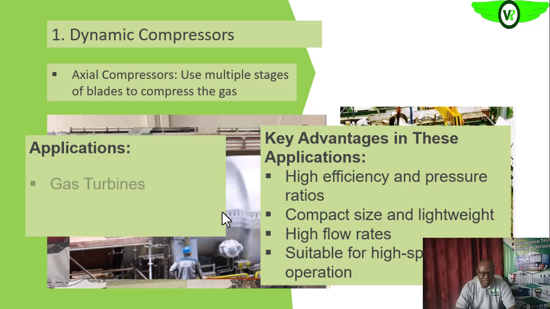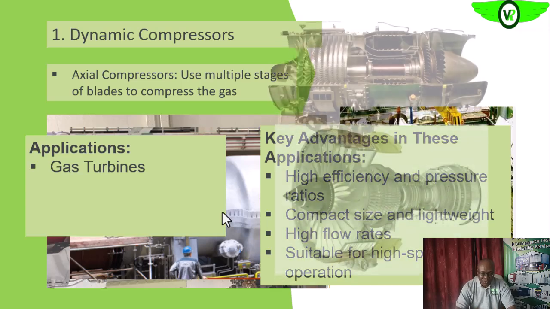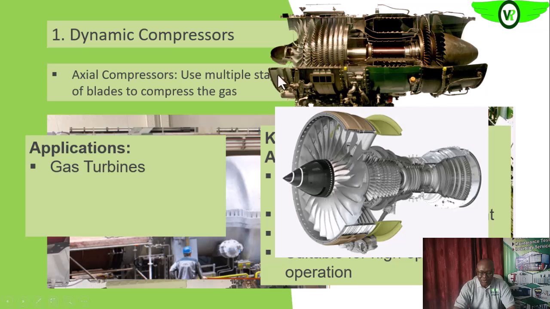So some of the application is in gas turbines. You know, in the gas turbine we have the compressor section, we have the combustor and the turbine section, okay. So the compressor section is what will deliver the compressed air to the combustor. And that is what we have here. Okay, so this is the compressor section.